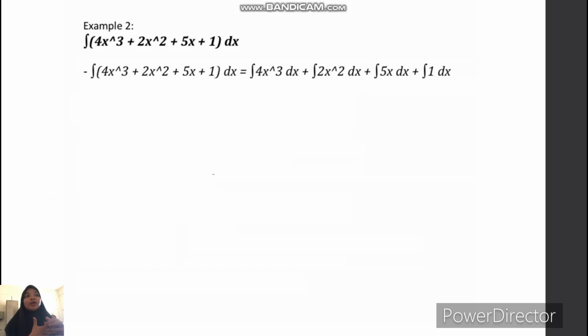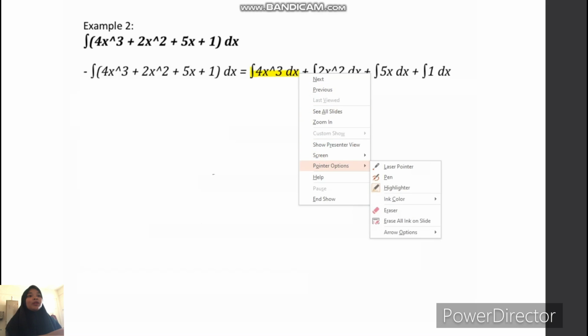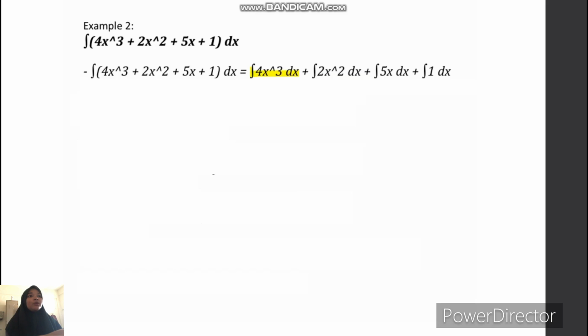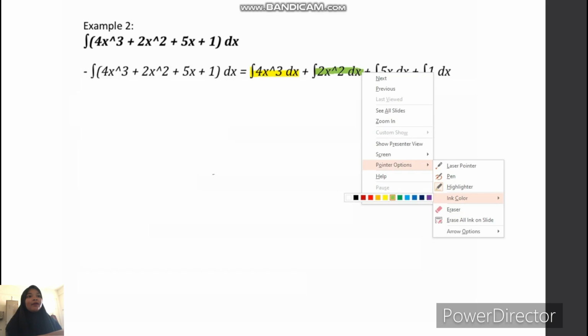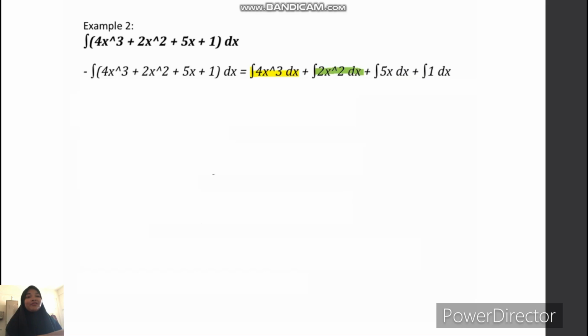So right now we will have 4 terms. For the first term, we will have 4x power of 3 dx. For the second term, we will have 2x power of 2 dx. For the third term, we will have 5x dx.